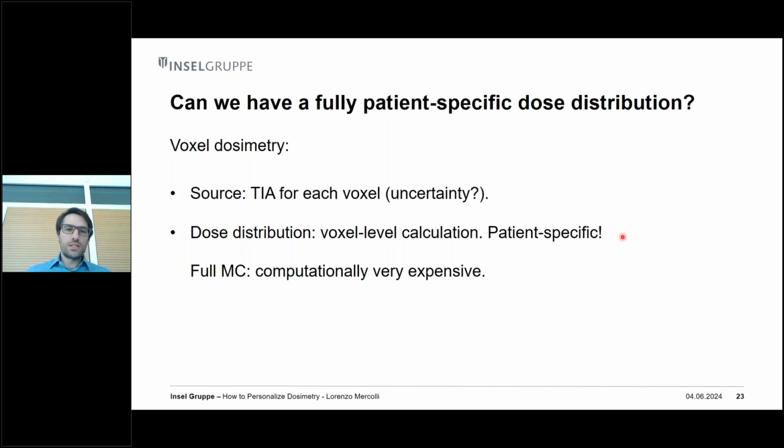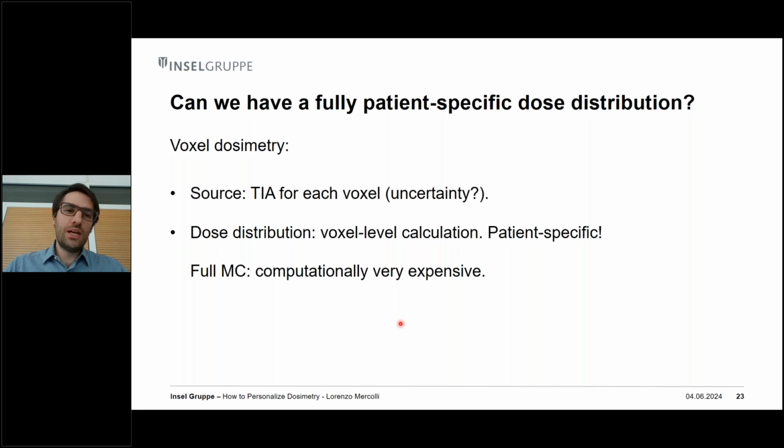And of course, we can then try to do again full Monte Carlo. And there's something for free here, because usually when we do a SPECT CT, we also have the CT image of the patient. And the CT image is exactly what we need as a material distribution as an input for the Monte Carlo simulation.